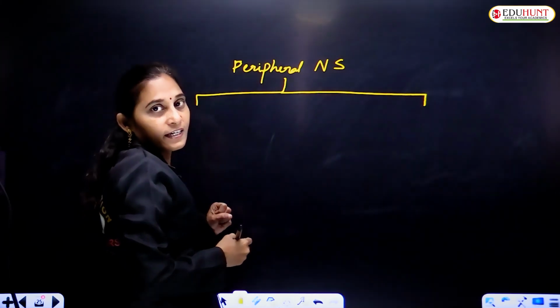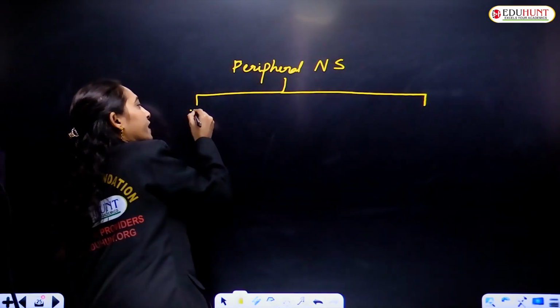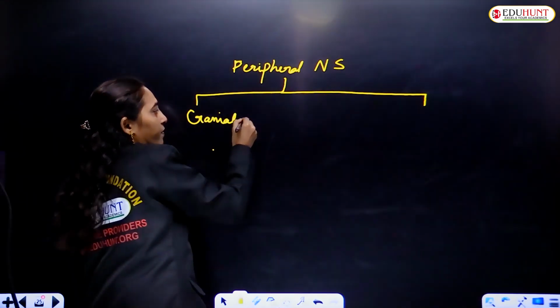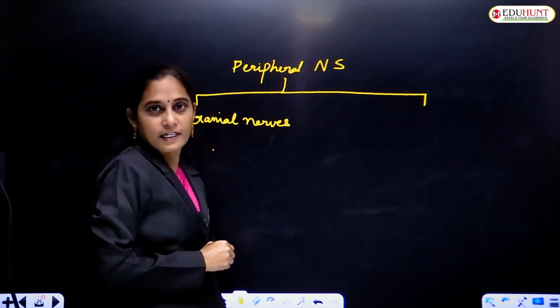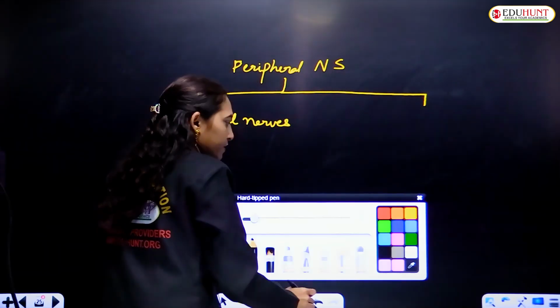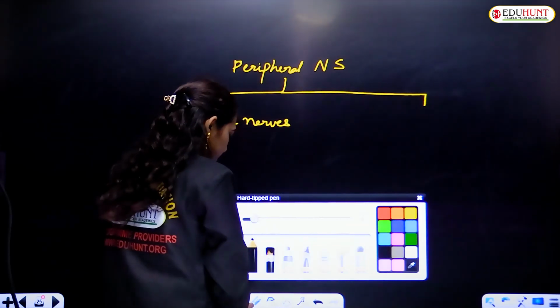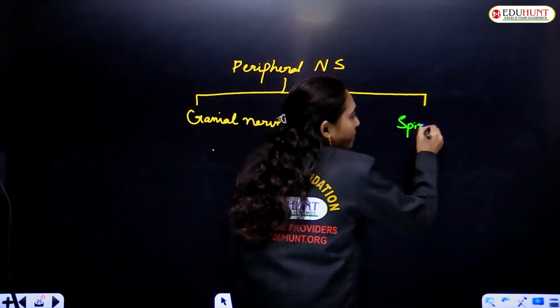nerves, and the nerves from brain are called the cranial nerves, and the second type of nerves are spinal nerves.